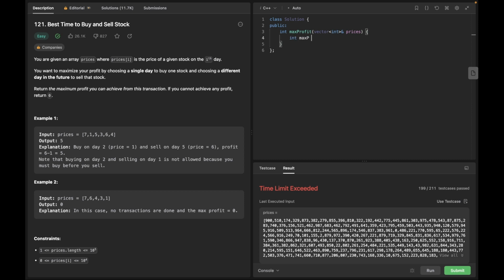Let's keep a variable for keeping the max profit. So we'll track it. We should keep a max price of the stock day as well. We'll initialize this to 0. Let's store the size of the array in a variable so that our lives become easier.